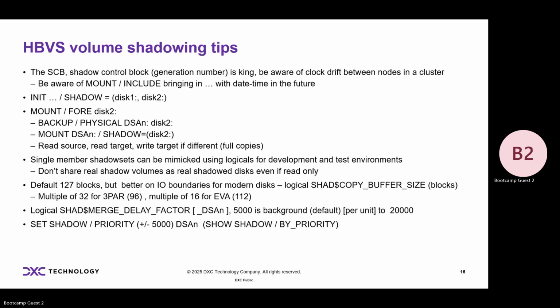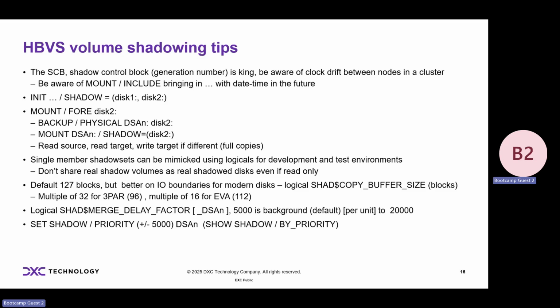Now, the default copy size for shadowing is actually 127 blocks. But it is much better for controllers if you can set that on I/O boundaries. And I have seen some discussion about this, that the logical $$copy_buffer_size sets that; if it's not defined, it defaults to 127.